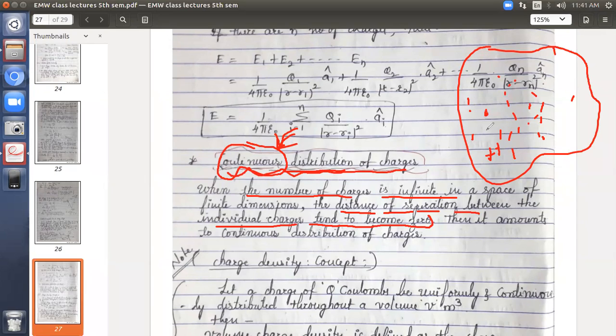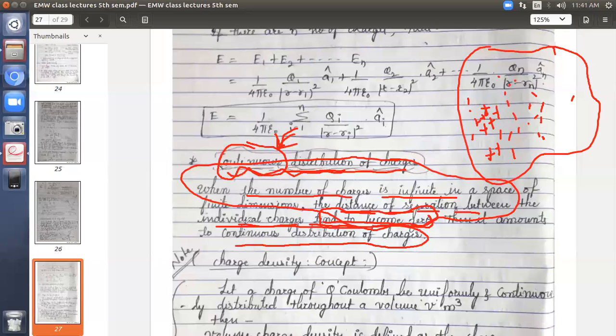Of course, we have to consider point charges, and they are very much compact in nature. The spacing between the charges tends to become 0. If this condition exists, we say that the continuous distribution of charges exists.